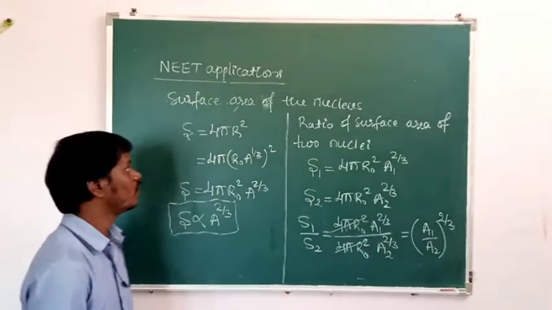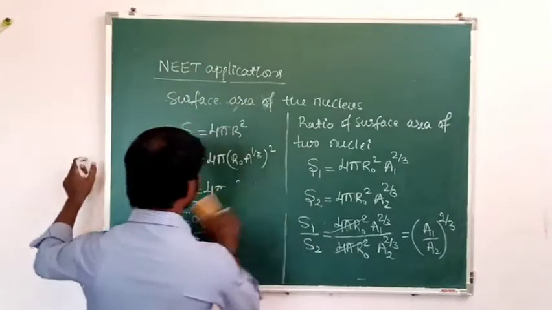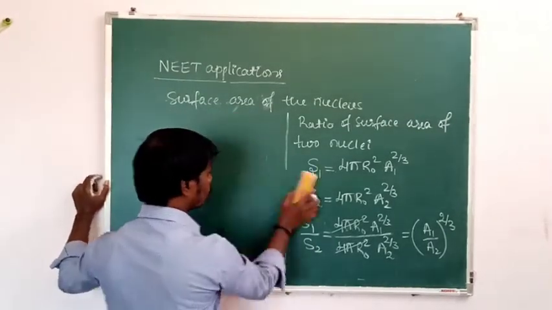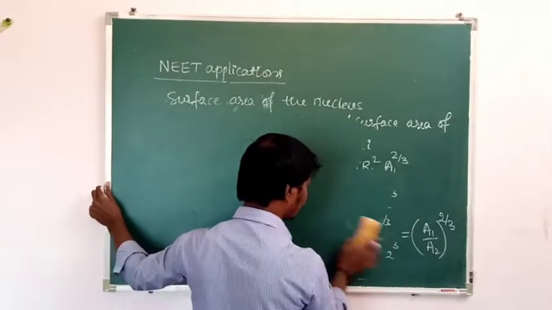Then next one. What about the volume of the nucleus? Okay. So already we know that the nucleus is spherical in shape. Then how to find the volume of the sphere? That is 4 by 3 pi r cube.